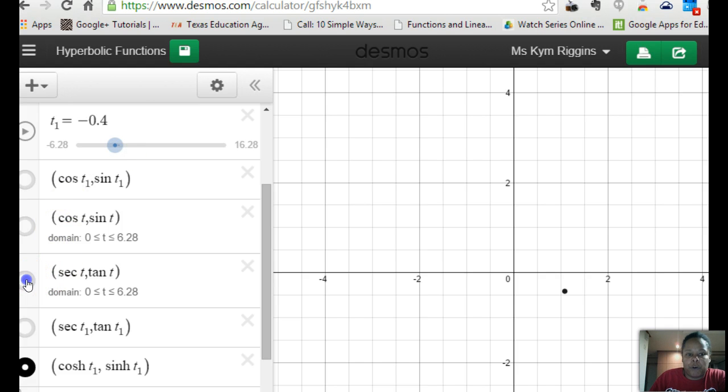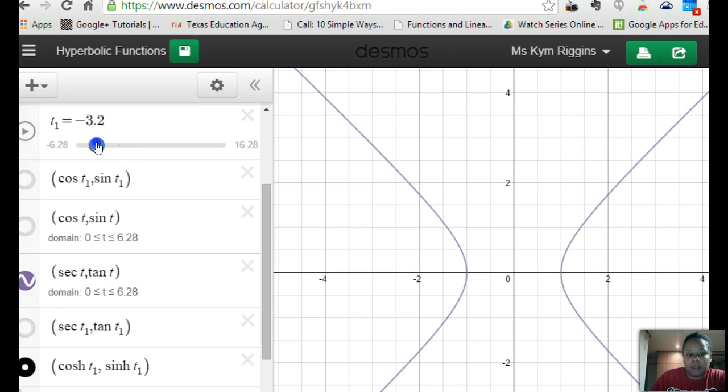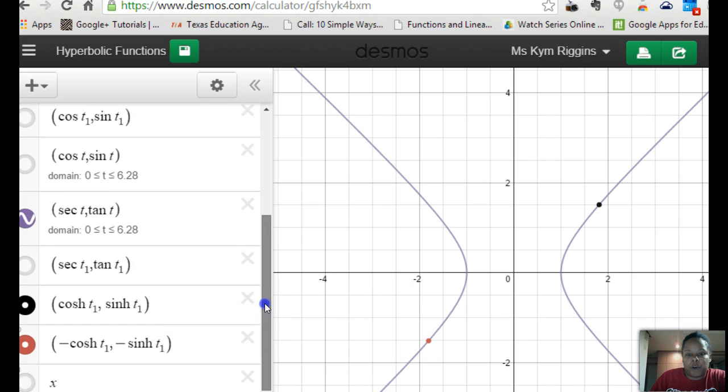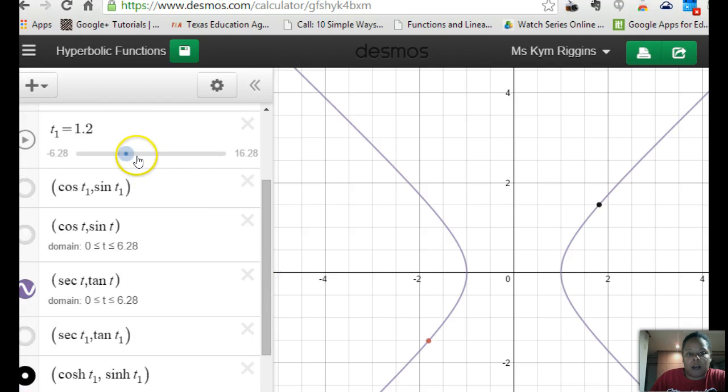So let me return the original hyperbola, and as you can see, the dot for cosh comma sinh is traveling the right branch of the hyperbola, and the left branch of the hyperbola is being traveled by the parametric equation negative cosh and negative sinh.